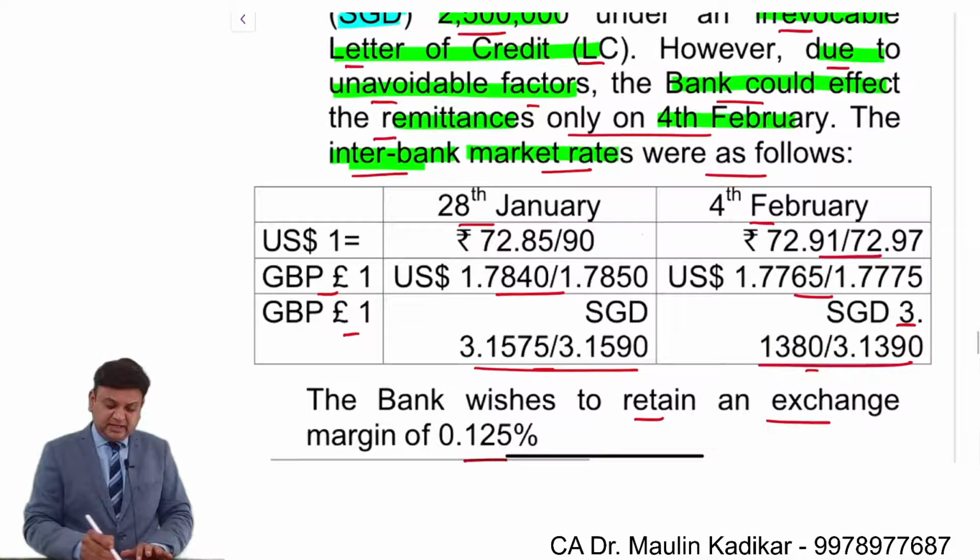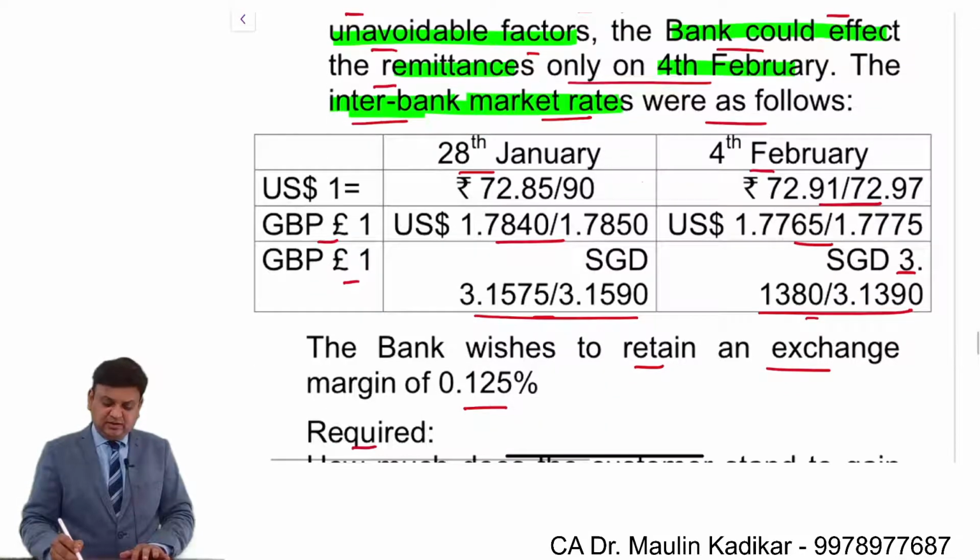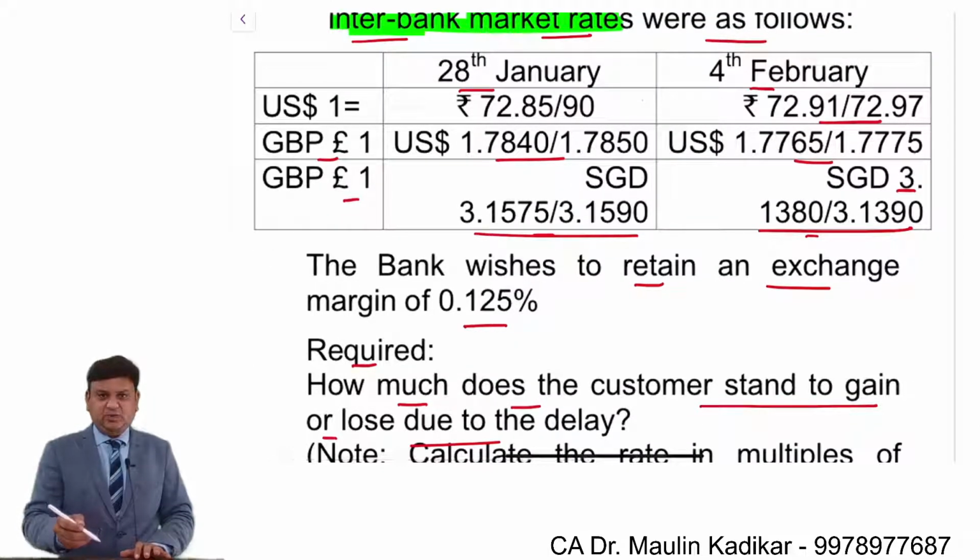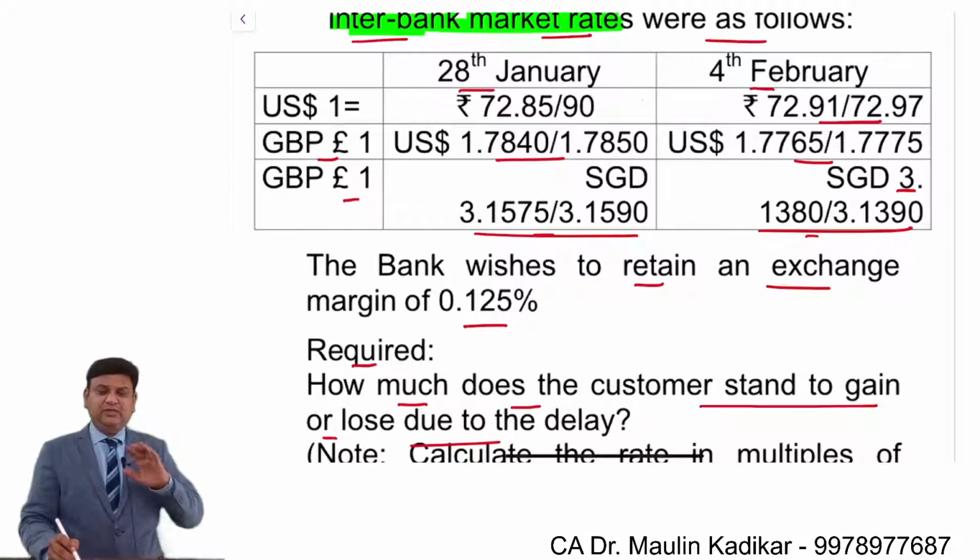The interbank market rates were as follows: the exchange rates are provided to us as the interbank rates, and later they have provided a margin rate, meaning whatever answer we compute, the margin will be added, because over here it is sell of rupees and purchase of Singapore dollar.